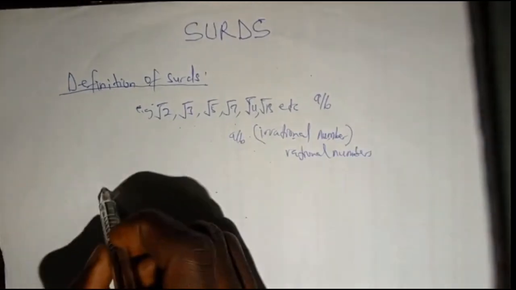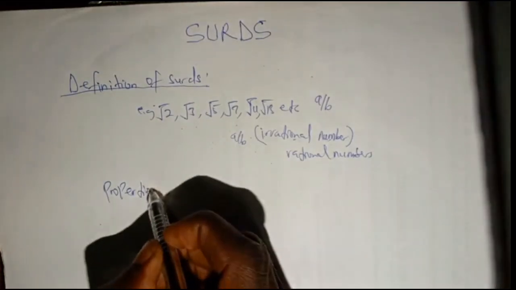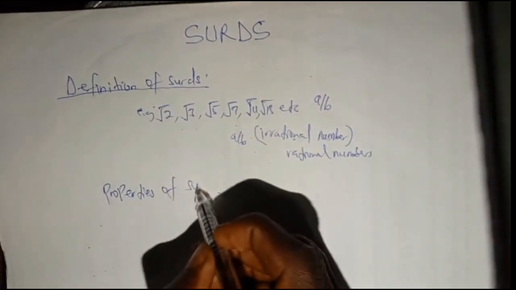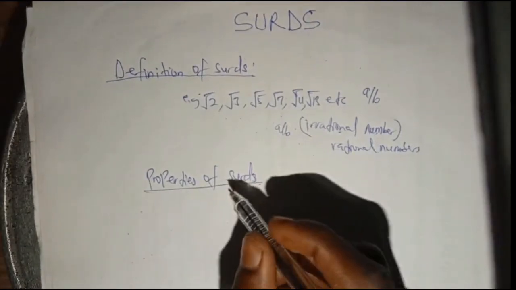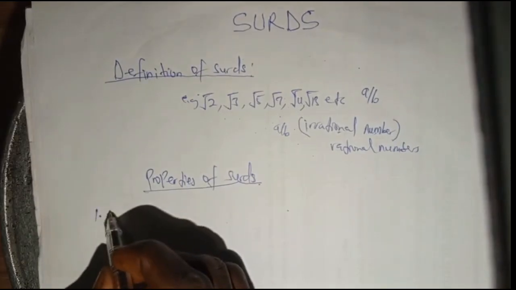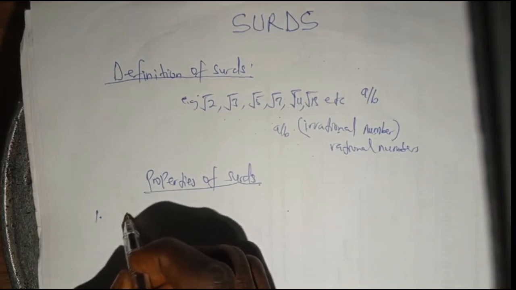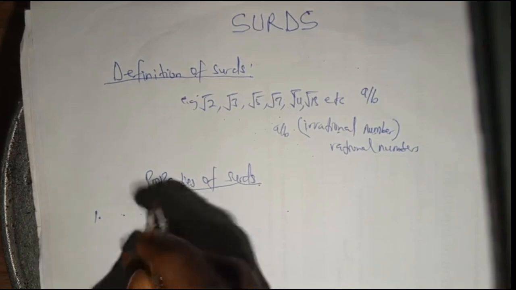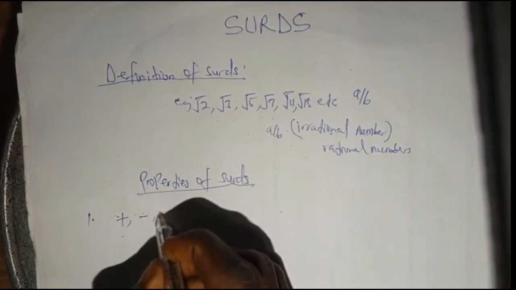Now, properties of surds. Property 1 or rule 1: surds can be added, subtracted, or multiplied.